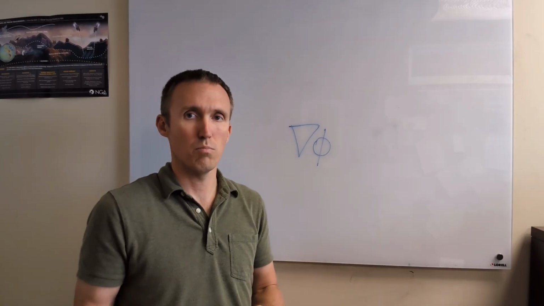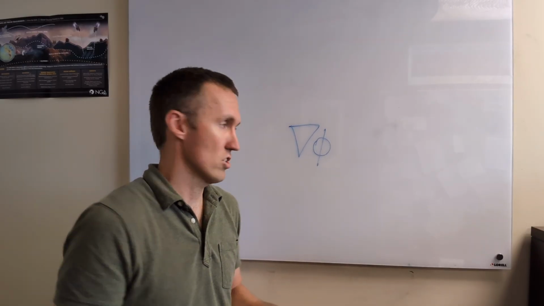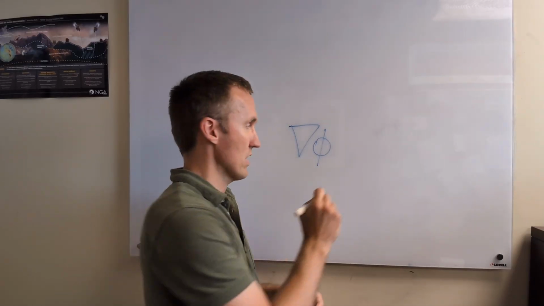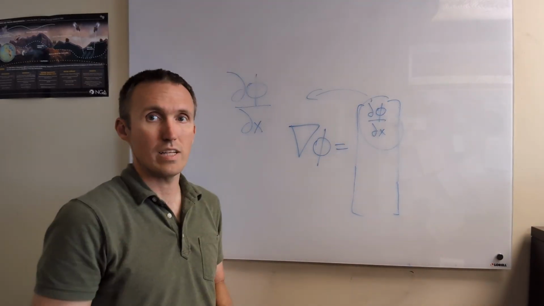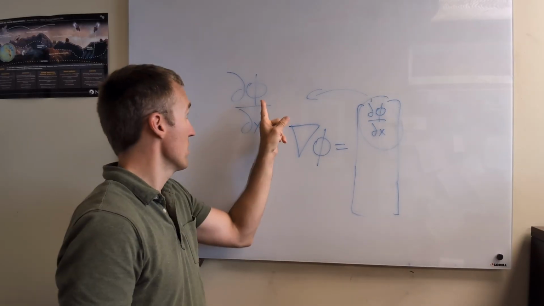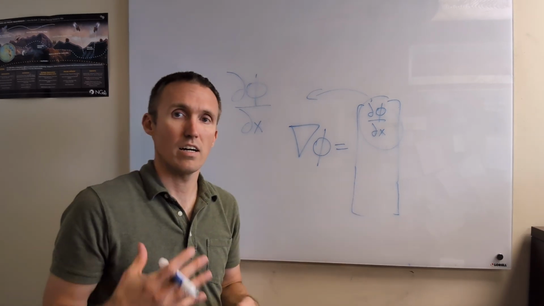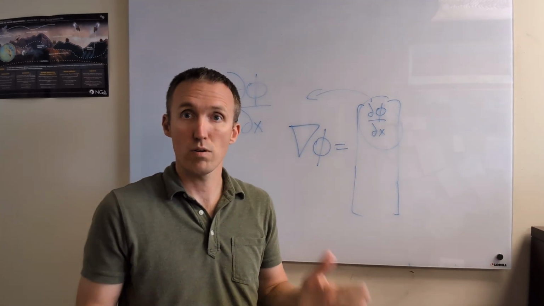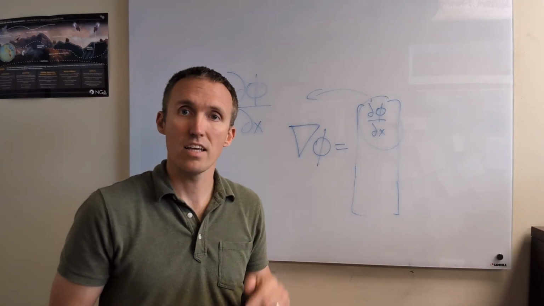And because this is a multidimensional field, 2 or 3 dimensional, it's going to have multiple dimensions. And so we can actually write this out as a vector. The key thing here is that this is a partial derivative of phi with respect to x. So you're familiar with regular derivatives of a function. This is just the derivative of this function in the x direction.